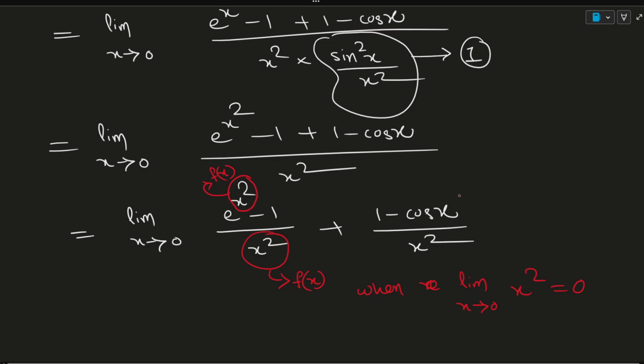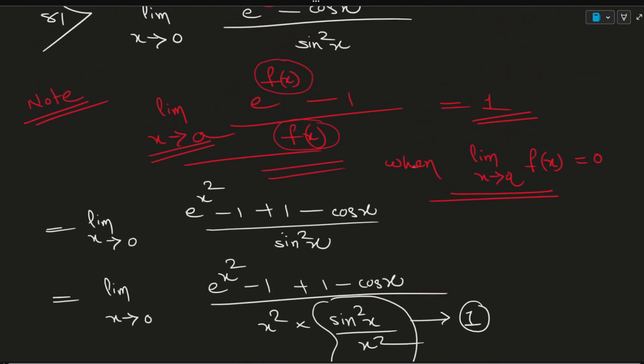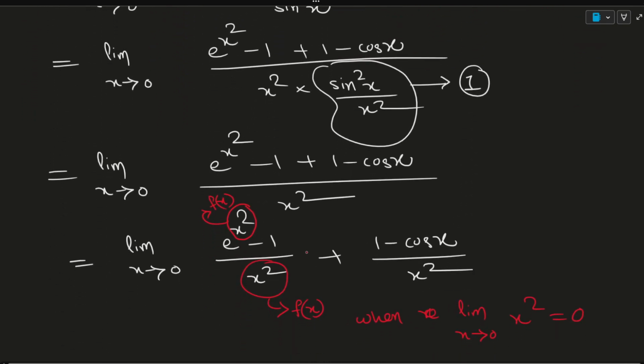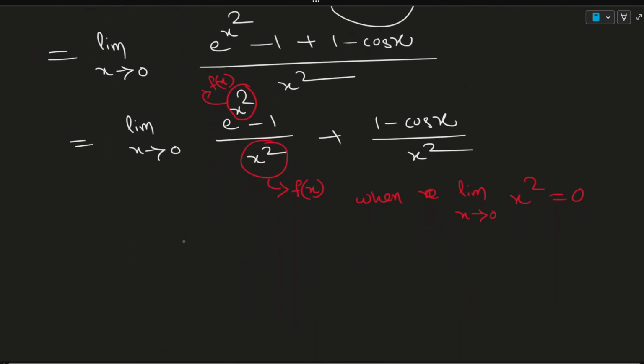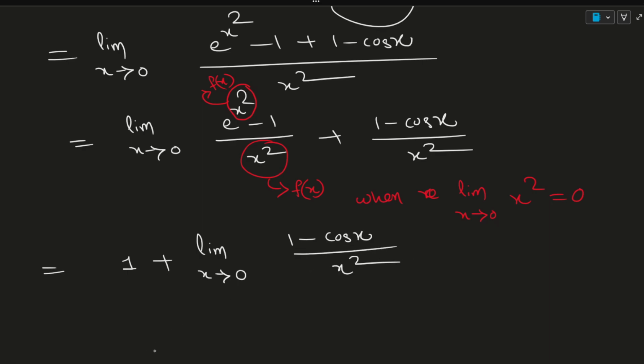This condition also holds true, so I can write that the limit of this function will be 1. So it will be 1 plus the limit of x tends to 0 of 1 minus cos x by x square.